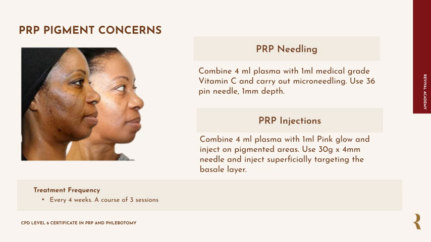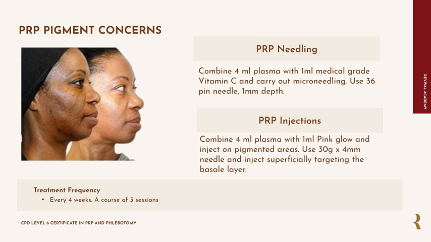Once combined with the plasma, you can just use a 4 mm needle to inject it all over the areas that are of concern with the client. In terms of the treatment frequency, you would want to do this about every 4 weeks, and you do need to let your client know that they would probably need a session of 3 to 4 treatments. They will see a result from the first treatment.